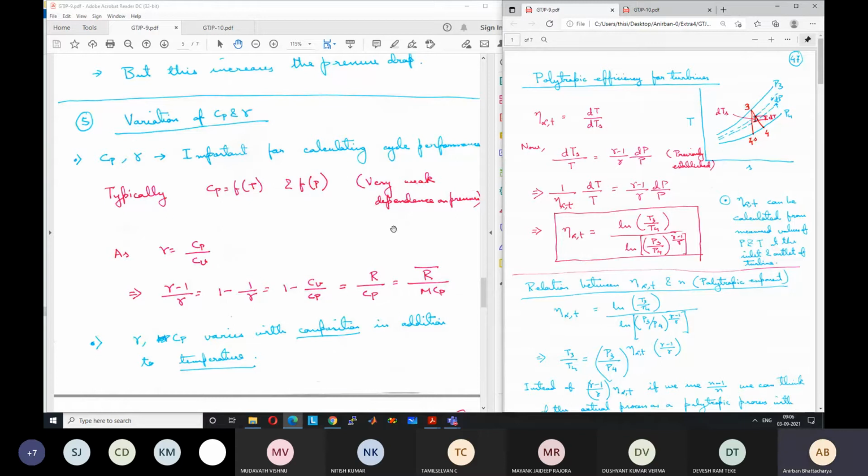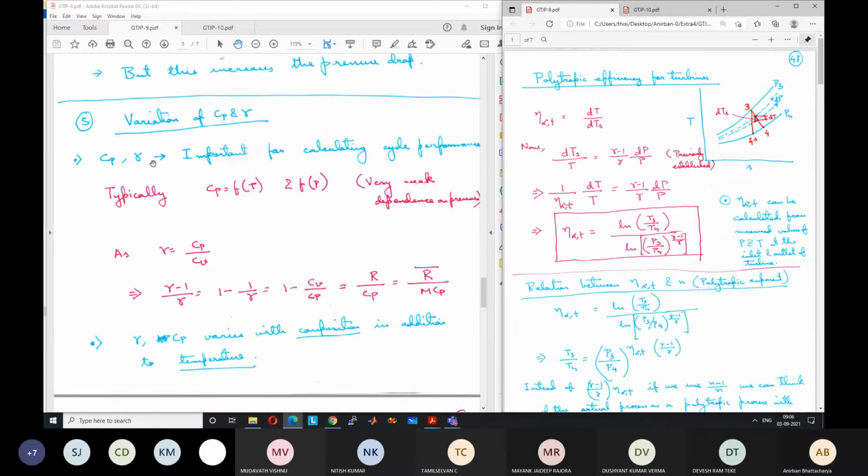Gamma is 1.4 and R is 0.287 kilojoule per kg Kelvin, 287 joule per kg Kelvin. And Cp minus Cv is equal to R and Cp by Cv is equal to gamma, right?